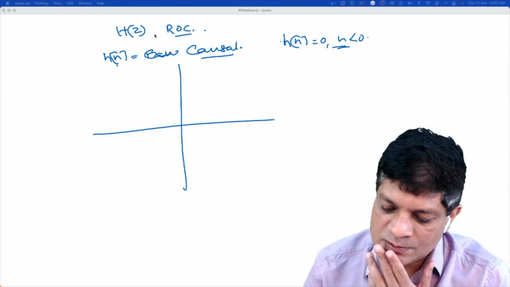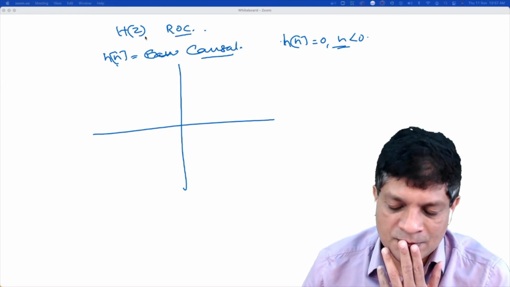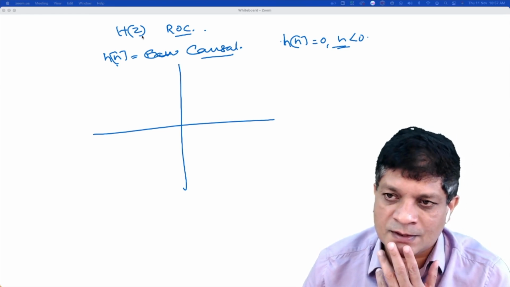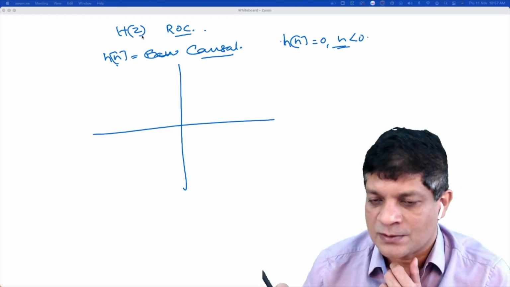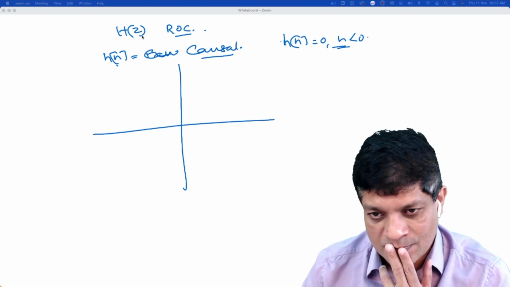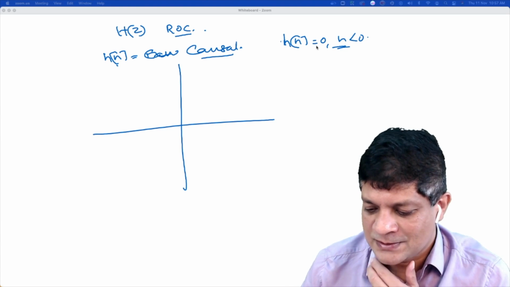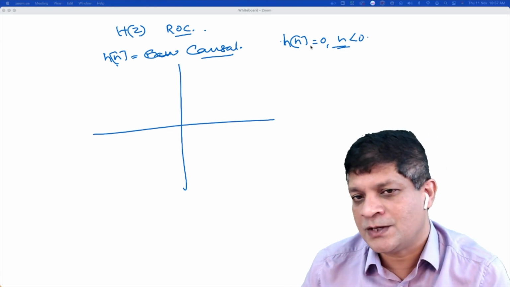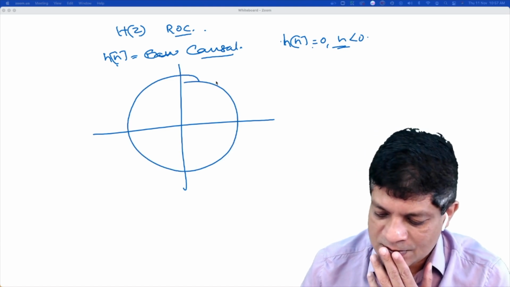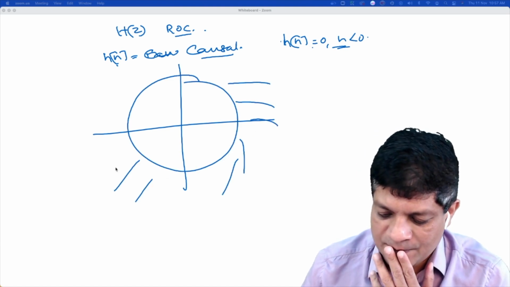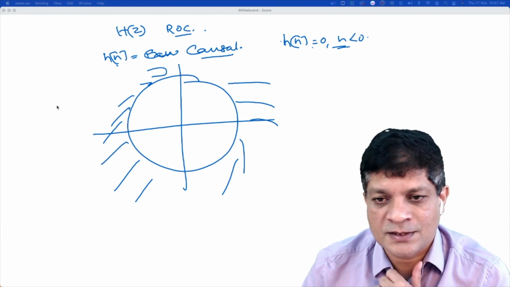If you are given the ROC of the system function, can you determine whether it is a causal system or not? If it is a causal system, the ROC should be outside a circle. But that is for a right-sided signal.